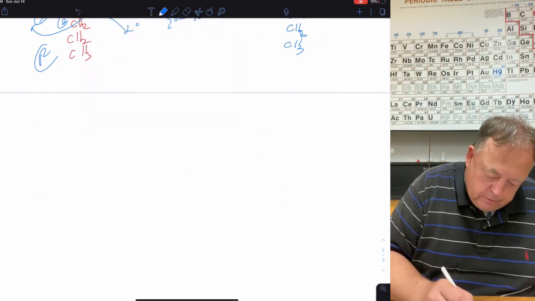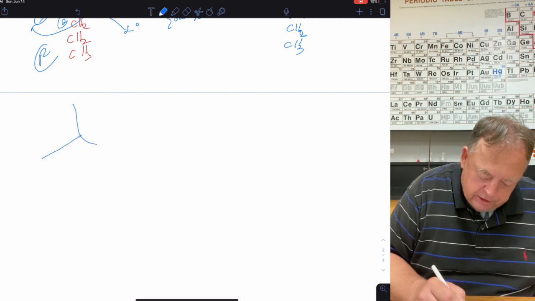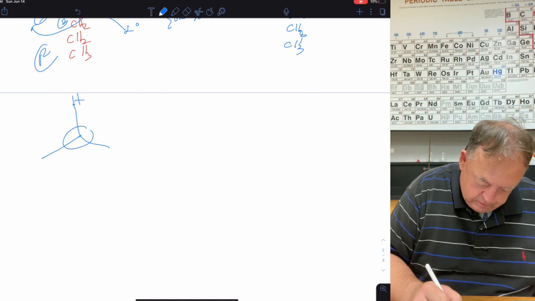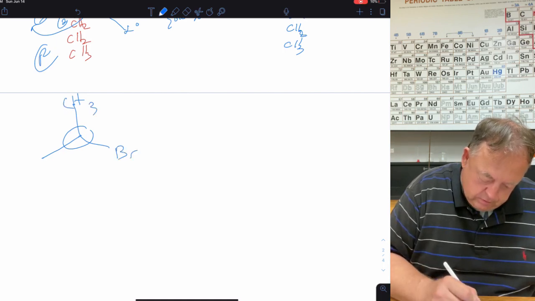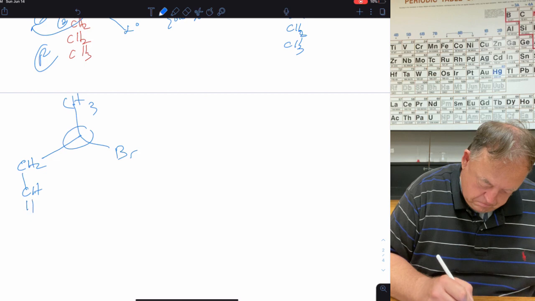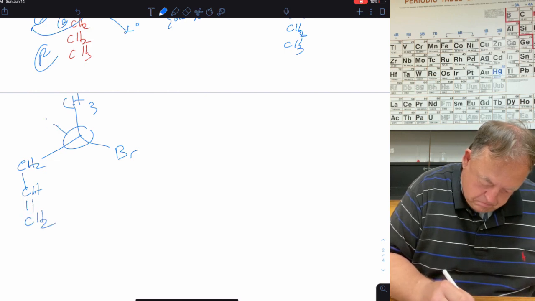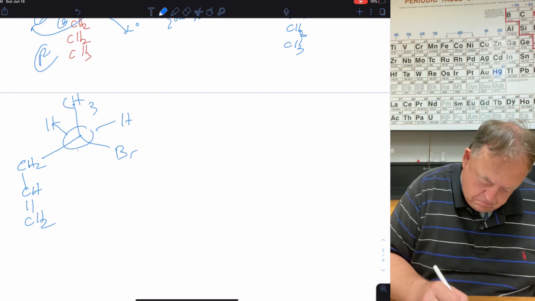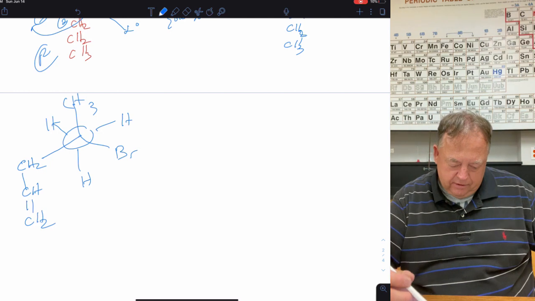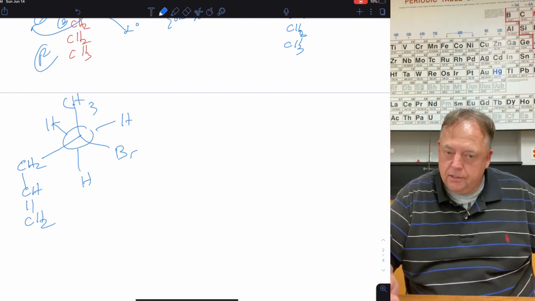Okay, one more example. So I give you all of my secrets here. Let's see. Not that. That's not going to work because that's tertiary, right? That what I drew would be a tertiary alkyl halide, so you can't do an SN2 with that.